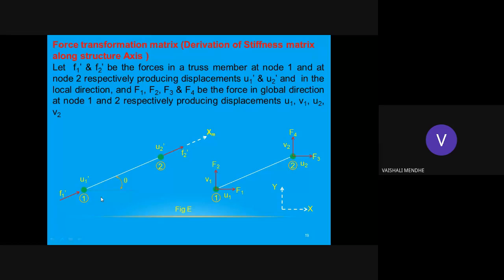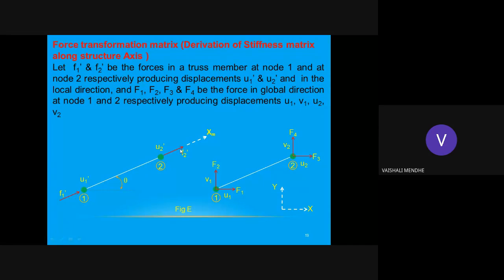Okay, see this figure. F1 dash, F2 dash. You can see this axis XM or LX, which is nothing but the local x-axis or member axis. So along this member in the local direction, we have shown the forces F1 dash, F2 dash, and along the member in case of truss there will be axial force.